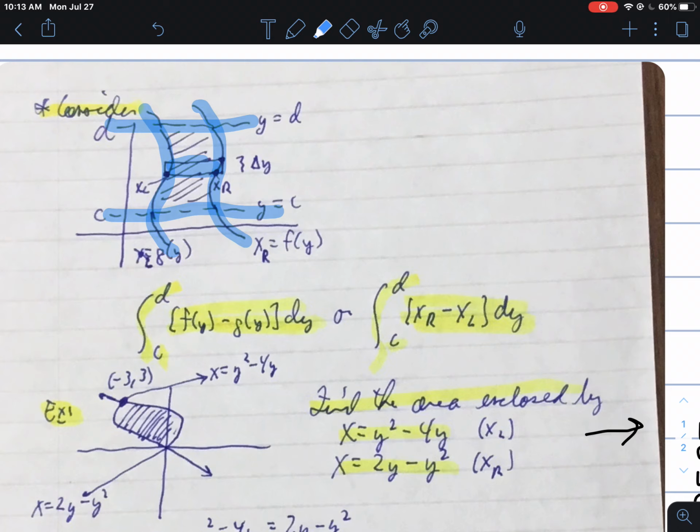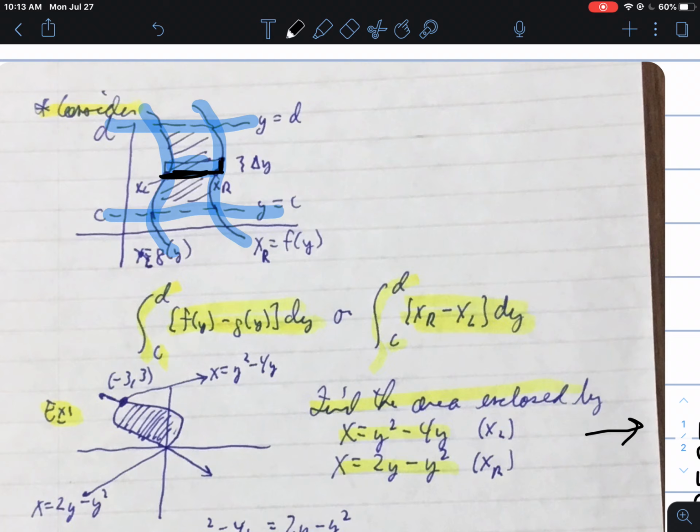The height of that rectangle would be the difference between those two functions. So I'm going to take the function on the right minus the function on the left to give me a positive height. And in this case, instead of dx or delta x, we're using delta y as the width of our rectangle.